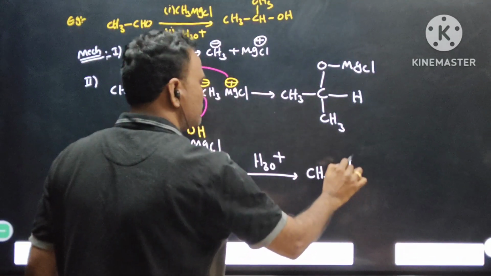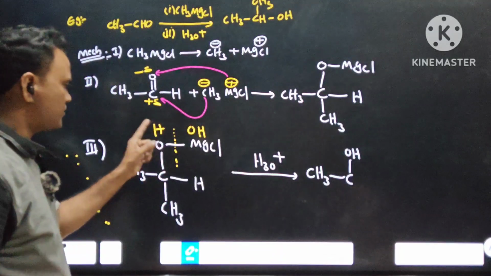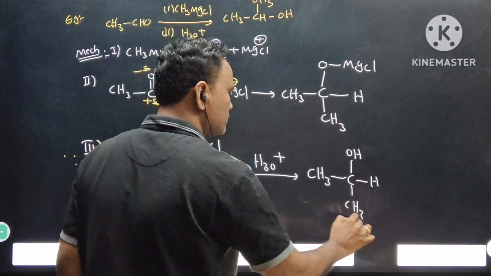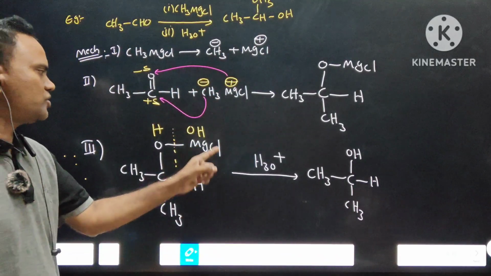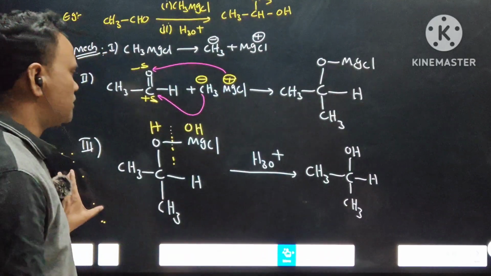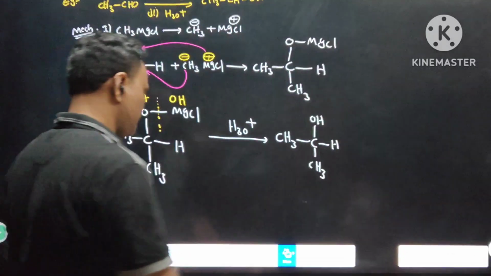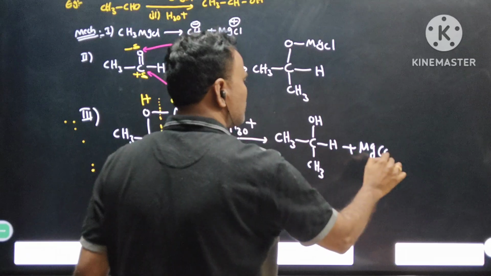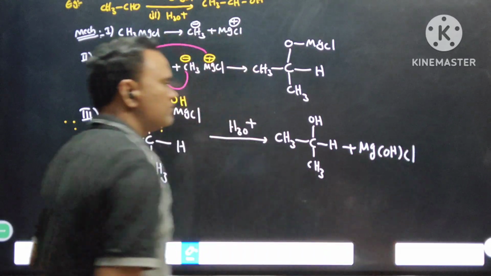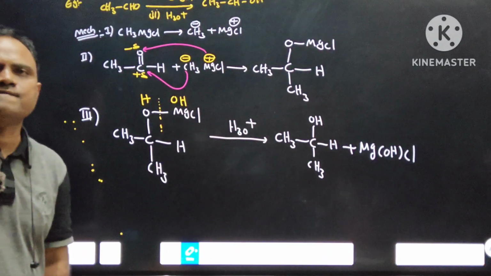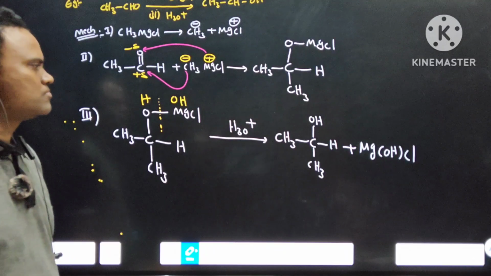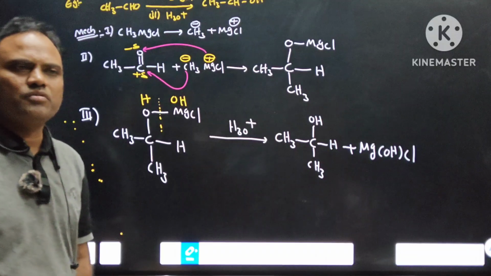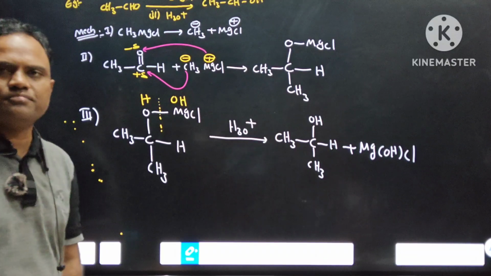CH3CH(OH)OH... giving the alcohol, and MgOHCl, MgOH and Cl. Clear? For every reaction, the mechanism is same.